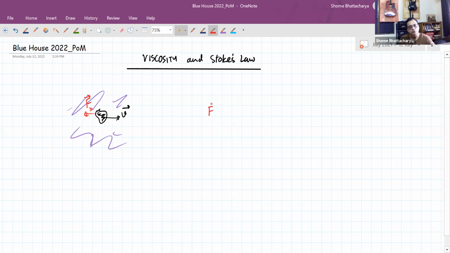This drag force or viscous force will always be directly proportional to velocity, but opposite in direction.